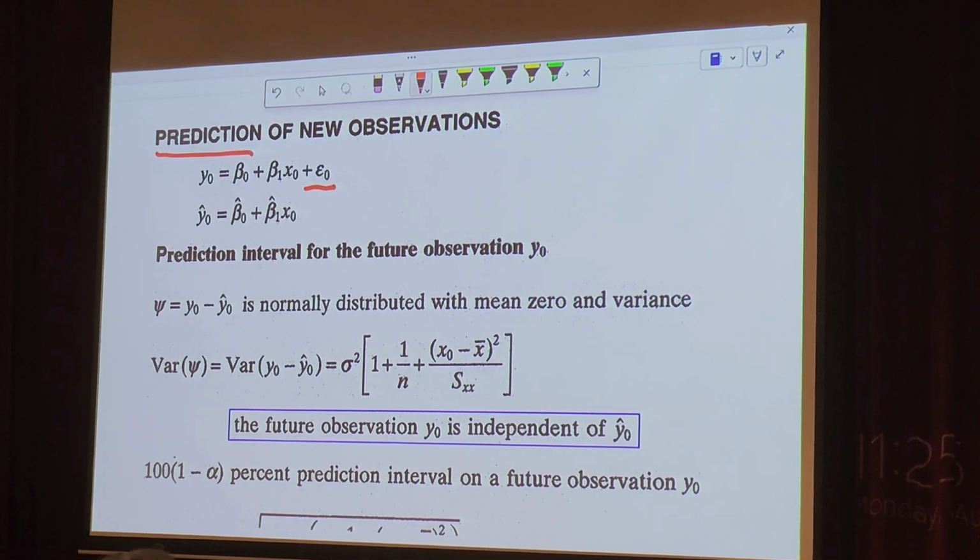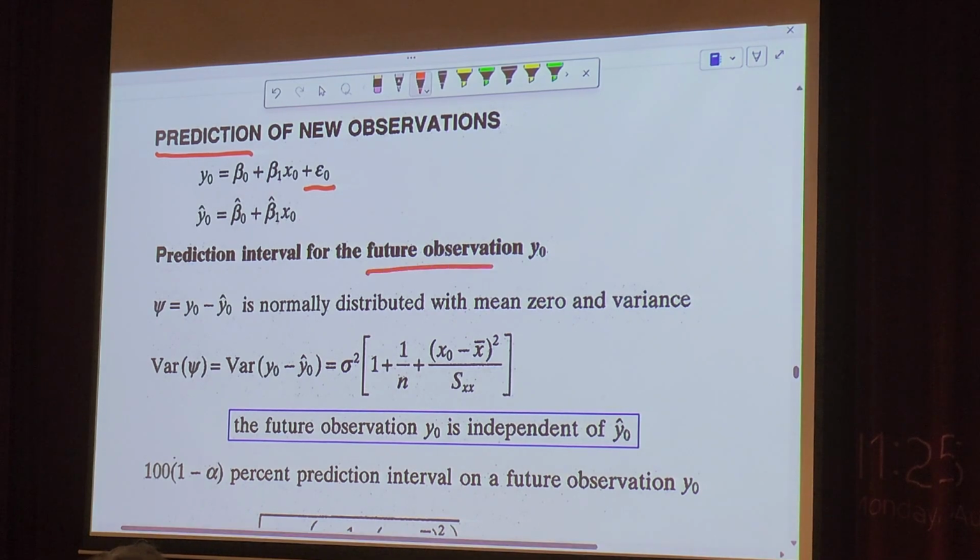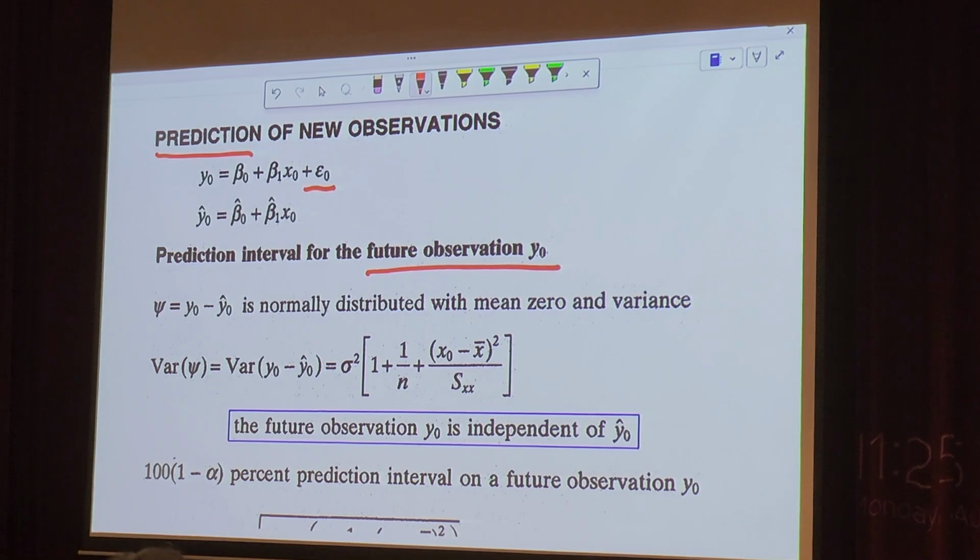I want to do a prediction, and I'm not going to ask him for his monthly salary. So his monthly salary is actually called a future observation. I'm not measuring it. It's an observation that I would like to know, but I'm not measuring.